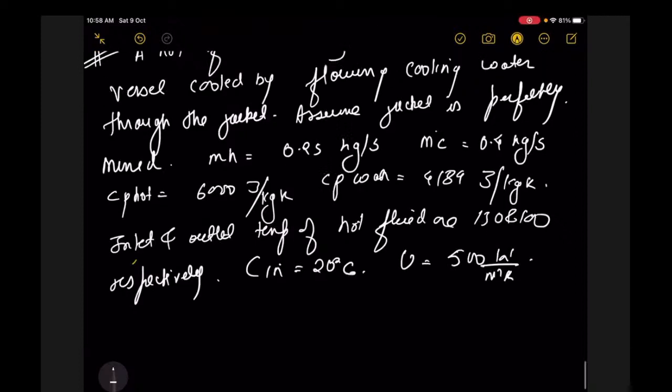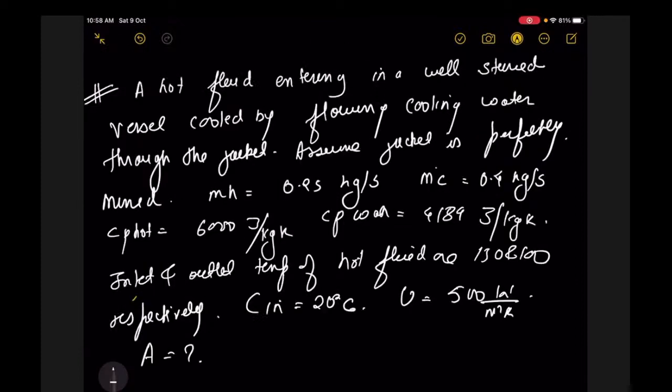Calculate area. You have to calculate the area. Calculate this.